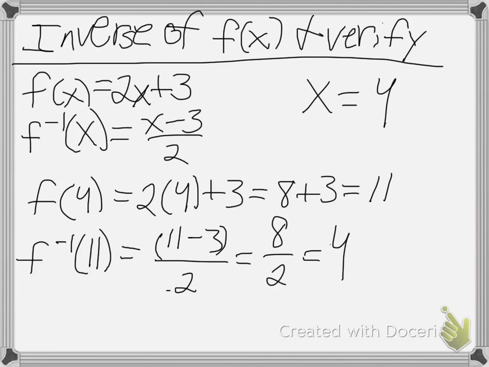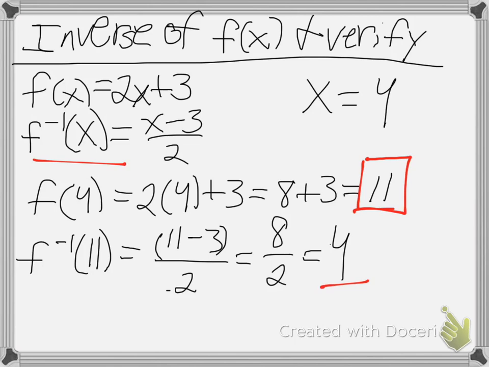So by plugging in the value that we got by plugging in our original x value into our original function, and then plugging in this value that we got into our inverse function, we ended up getting our original x value. Pretty cool, right?